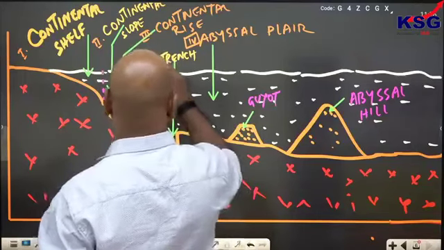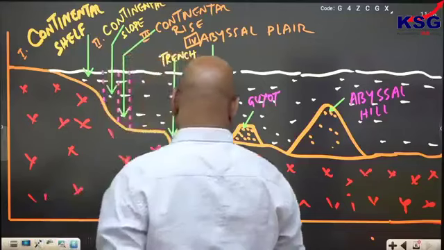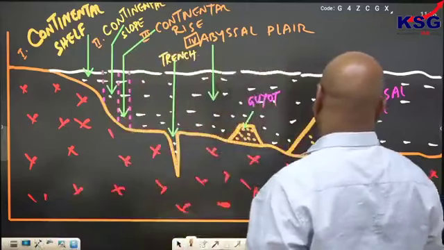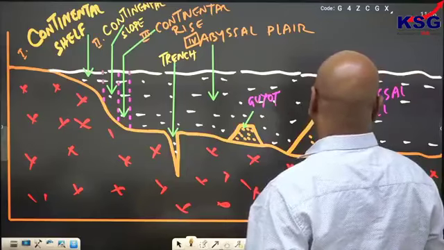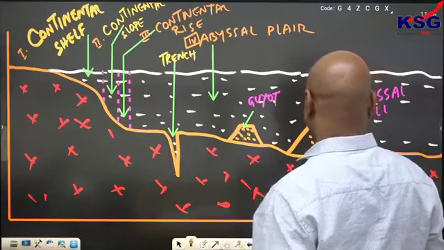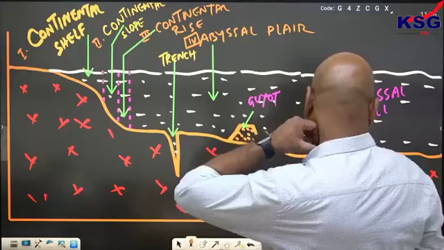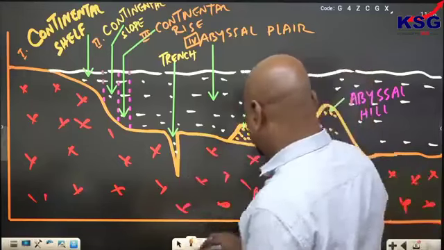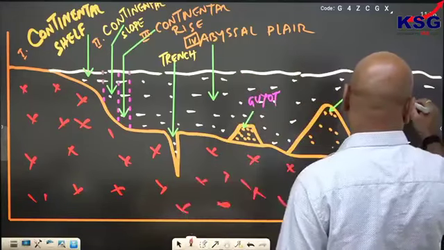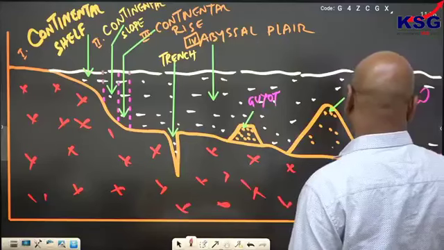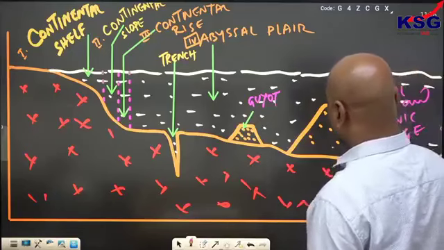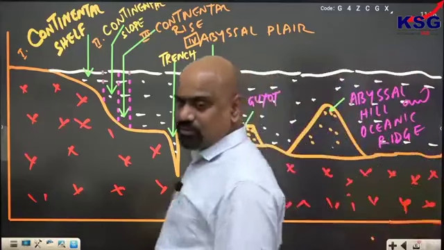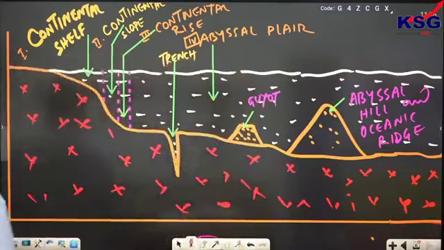Abyssal plain and trench. Here finally we can have the ridge. Abyssal hill and oceanic ridge. Here we can say oceanic ridge, mid-oceanic ridge, right?